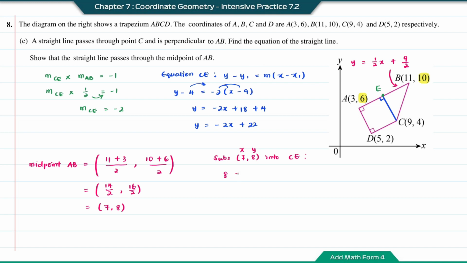So 8 is equal to negative 2 times 7 plus 22. So 8 is equal to negative 14 plus 22. So 8 equals 8. So here the value on the left hand side is equal to the value on the right hand side. Therefore, we have shown that the straight line passes through the midpoint of AB, which is (7, 8).